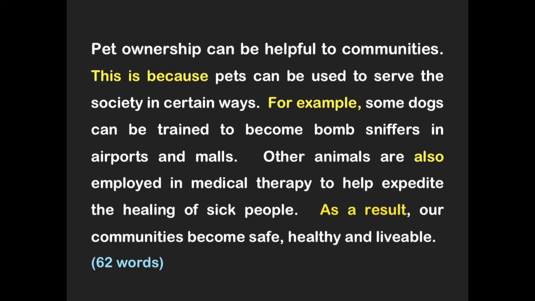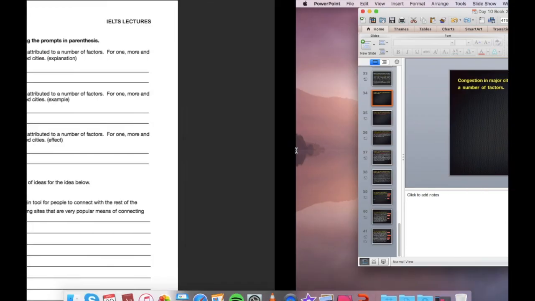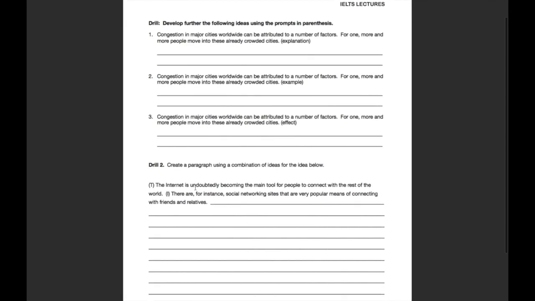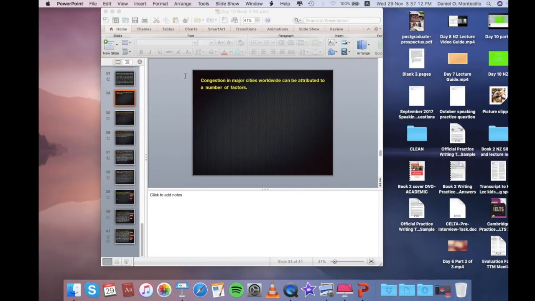Now, for them to appreciate this, please direct them to their handout over here. But even before they do this, show to them how the combination of these three ideas could result in a paragraph that discusses the same question over here. So take a look at this slide. You can flash them.